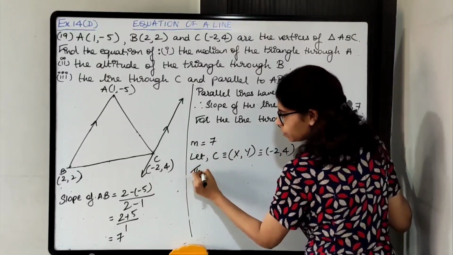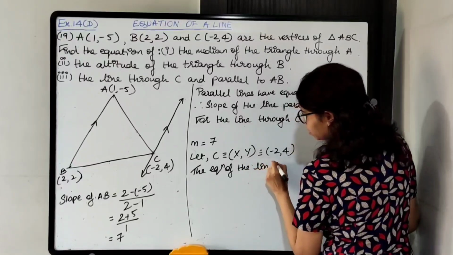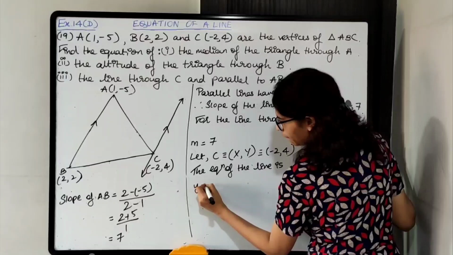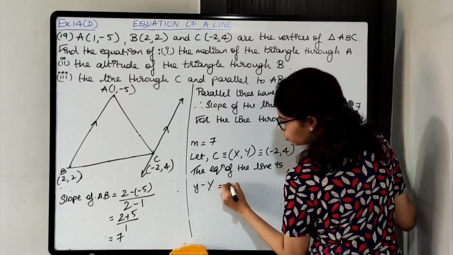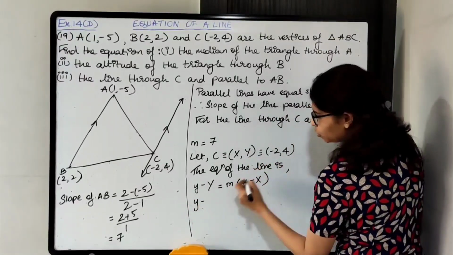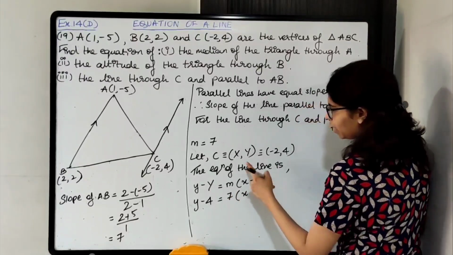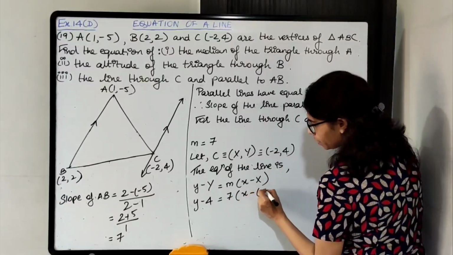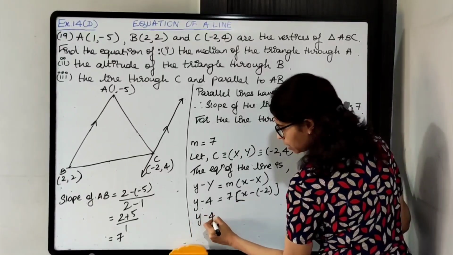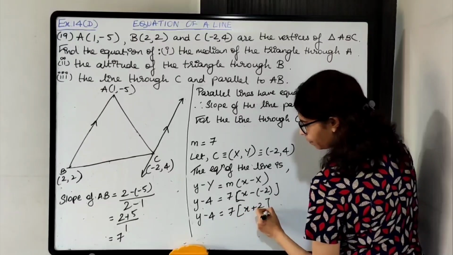Let's find the equation. The equation of the line is y minus capital Y equals to m into x minus capital X. Y's value is 4, m is 7 and x's value is minus 2. So put box brackets outside. Y minus 4 is equal to 7 into x minus minus 2, minus minus plus will become.